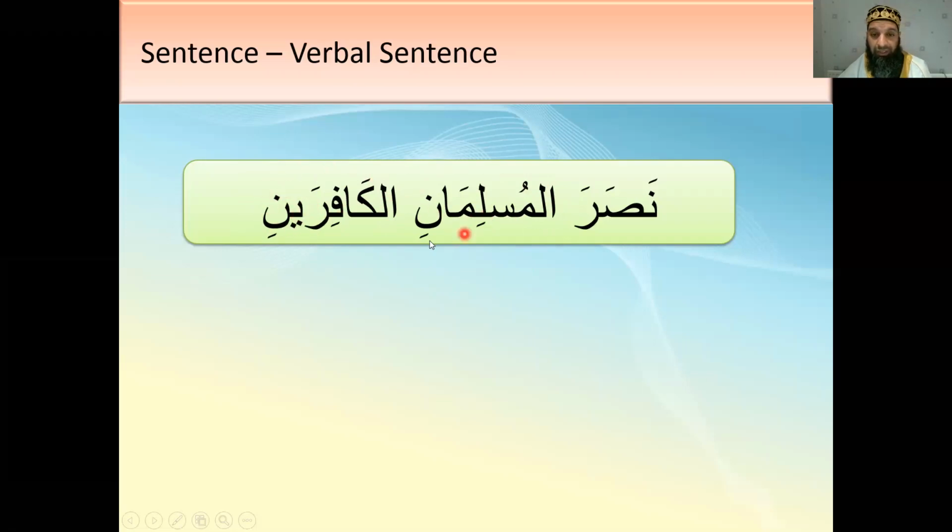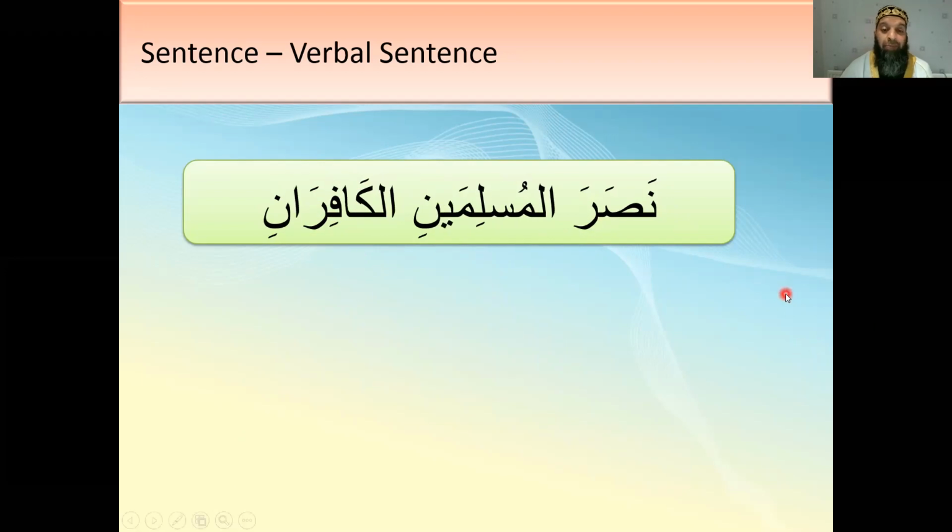So it would have meant that the Muslims and the disbelievers helped somebody. They're both doing the verb if they were both marfu. If they were both ani, they were both marfu, so they're both doing the Nasara, the help.